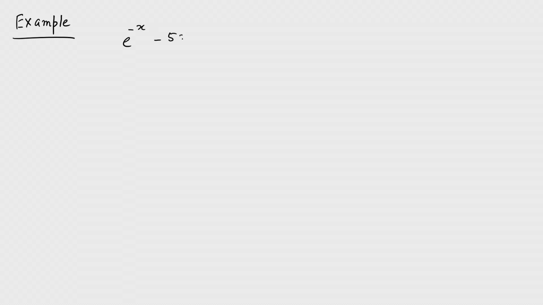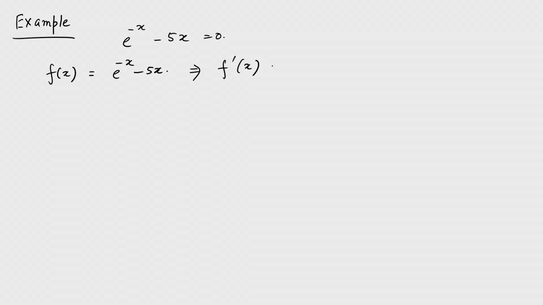So, let us look at this equation: exponential of minus x minus 5x equal to 0. What we have been given is f equal to this, and that gives me f prime of x, the slope or the derivative, which is equal to minus exponential minus x minus 5.